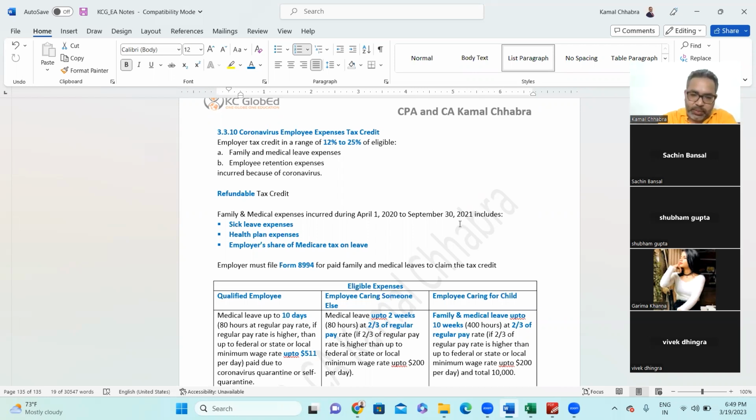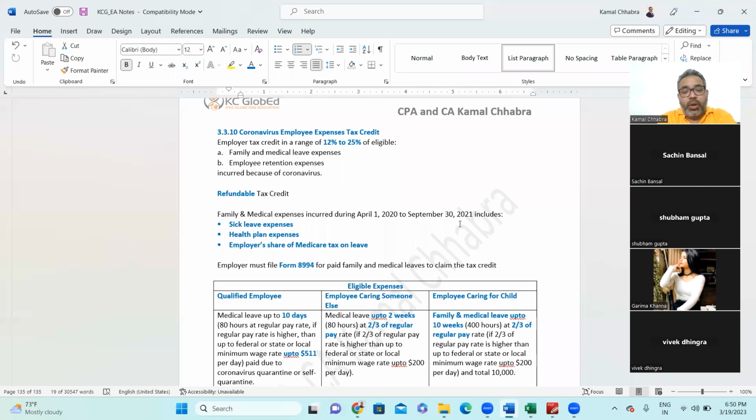So three expenses are covered for the period of 1st April 2020 to 30th September 2021. That means 9 months of 2020 and 9 months of 2021. Here the expenses include sick leave expenses. That means the employer has paid the employee even though the employee has not worked on account of sick leave.